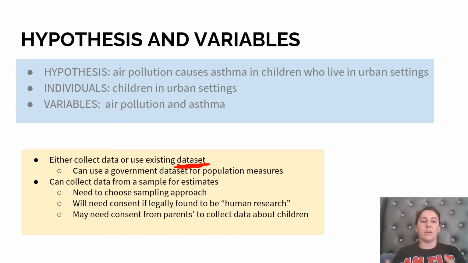You're going to need to know if you legally have to have consent from the people that you're collecting the data from. And you're going to need to know if there are any kind of ethical concerns that you should be aware of while you're collecting the data, especially in this study that we're using as an example, because we're studying children. So do you need parental consent for the data?